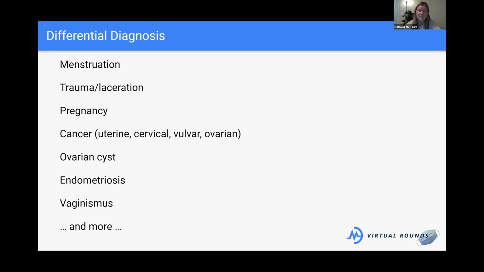And then vaginismus is a combined psychologic and gynecologic problem where the muscles of the vagina and genitalia are not able to relax during any sort of activity. So you can have painful spasms or difficulty with sexual activity. So just in case you hadn't heard of those words before.